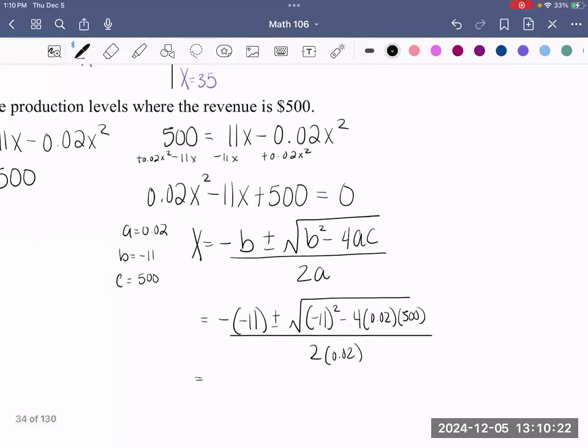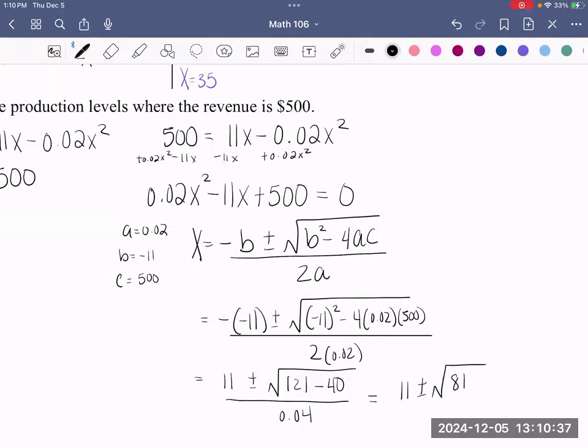So we should get 11 plus or minus the square root of 121 minus 40 all over 0.04, which is 11 plus or minus the square root of 81 all over 0.04. So 11 plus or minus 9 over 0.04.